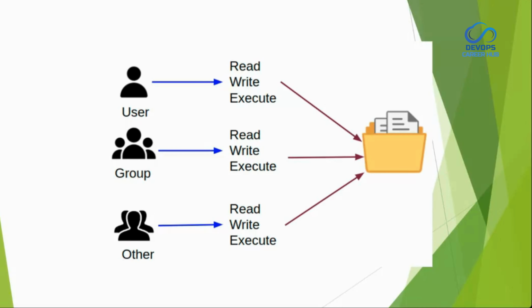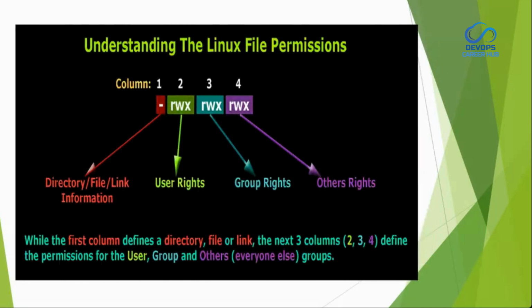Afterwards, understanding the basic thing in terms of the file system: while creating a file, let's say the user's read, write, execute, the group's read, write, execute, and others' read, write, execute, and whatever is inside, let's say column one shows a directory, file, or link. So this is the basic understanding of reading and writing in terms of Linux.